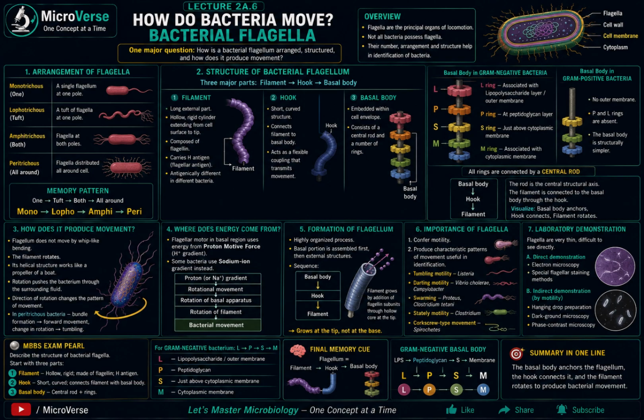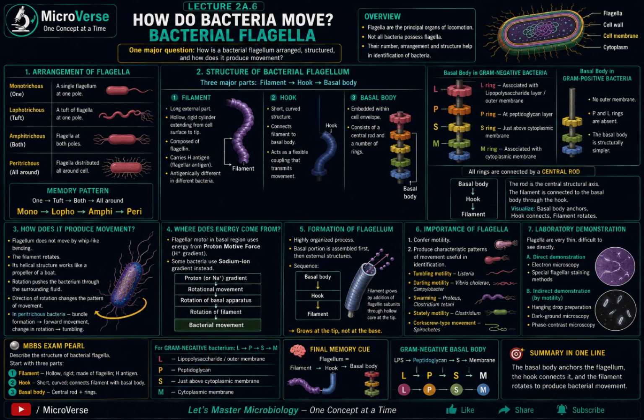First, filament. The filament is the long external part of the flagellum, which is a hollow, rigid cylinder extending from the cell surface to the tip. It is composed of the protein flagellin. Flagella of different bacteria may be antigenically different. These flagellar antigens are known as H antigen.